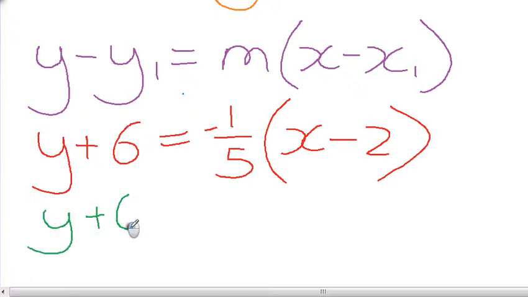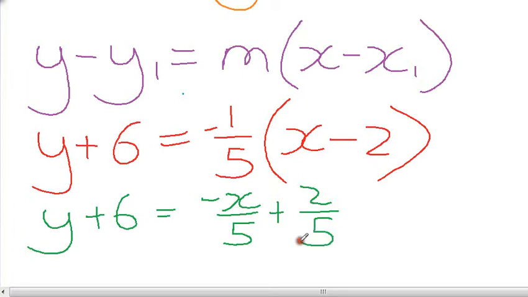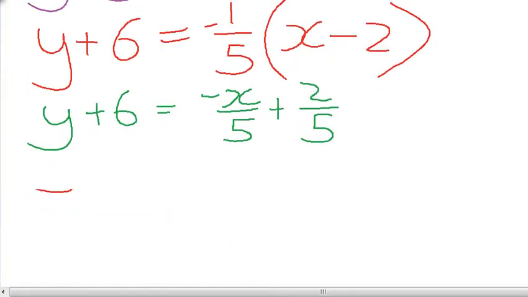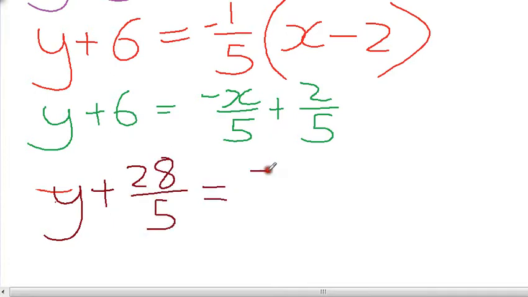We go y plus 6 is equal to minus x over 5 plus 2 over 5. Then we can take away 2/5 from both sides and get y plus 28 over 5 is equal to minus x over 5.